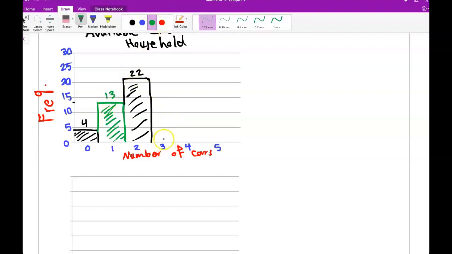Then 3 cars, the frequency is 7. And 4 cars, 3. And 5 cars is 1.